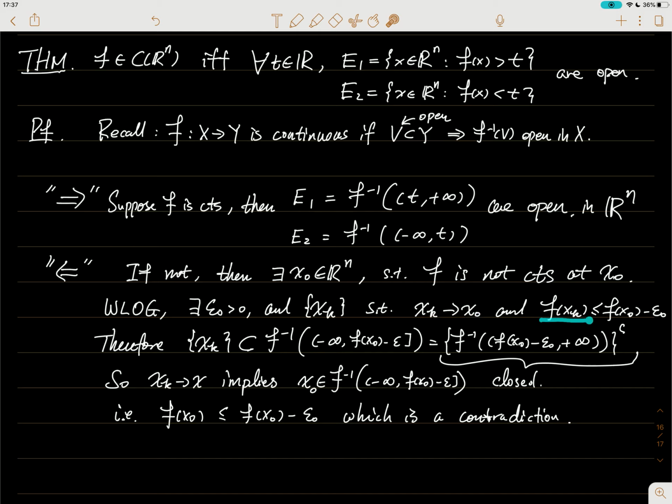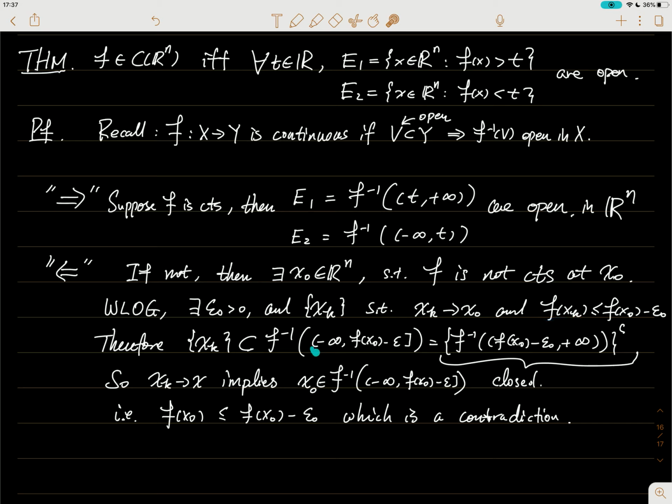That means, without loss of generality, the function value is always less than or equal to f of x0 minus epsilon 0. Okay. So now you can see that since f of xk is less than or equal to that number, let's fix this as a number, f of xk will be inside the interval from negative infinity to this number, closed.